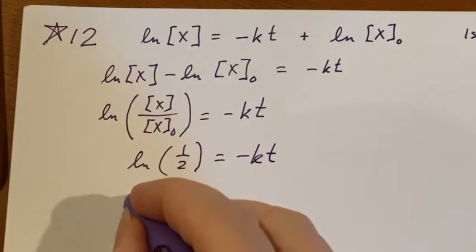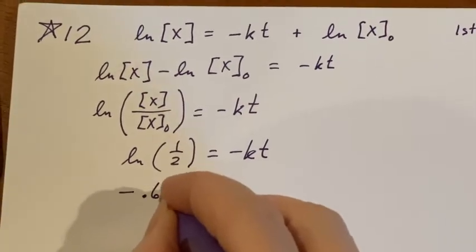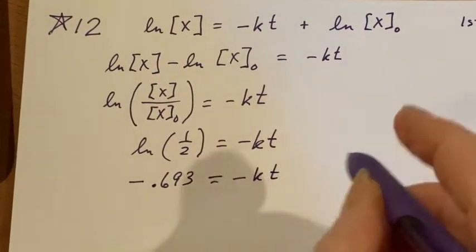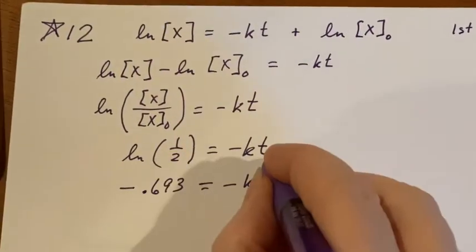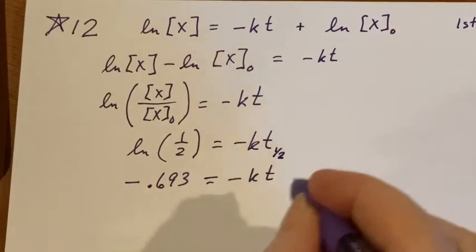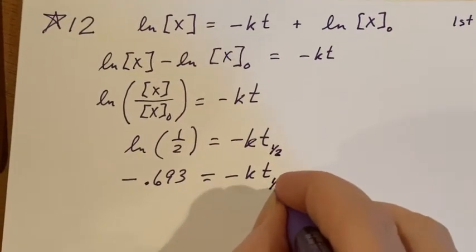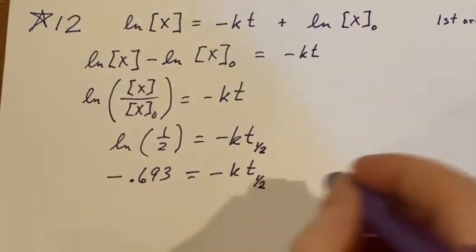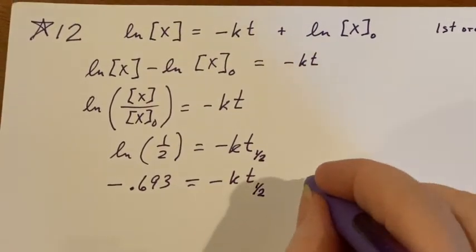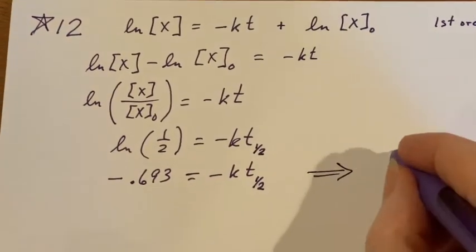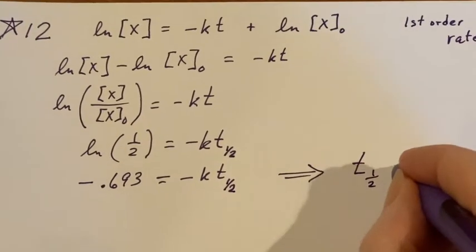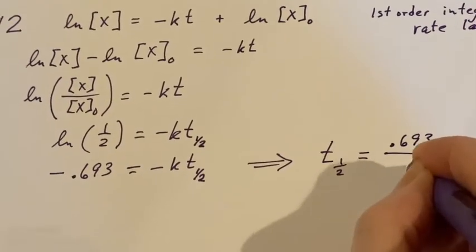I'd end up with a negative number here and that negative, so those will cancel. Since I have said that this is for 1/2, I'll start labeling this as the half-life, the time. And then I can just cancel out the minus signs and rearrange it, and I will get the formula that you see on the page. So that's where it comes from.